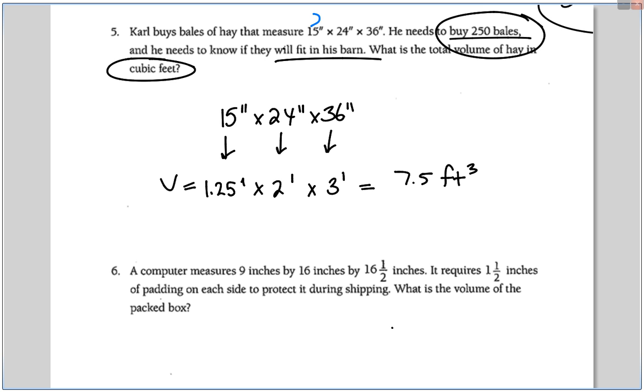He also needs 250 bales. So 7.5 cubic feet is for one bale, so times by 250 to get for 250 bales. So 1875 cubic feet. Now this farmer would have to go and measure his barn and make sure he has enough room for the bales.